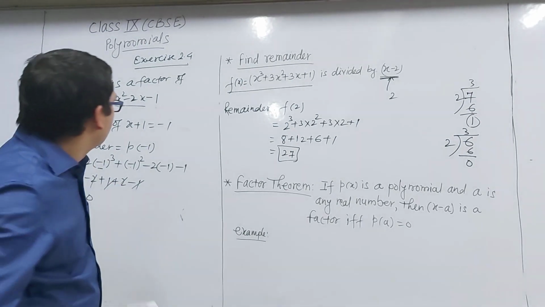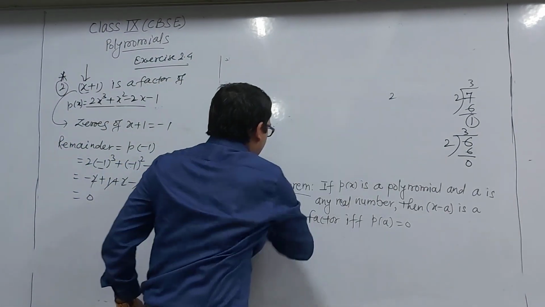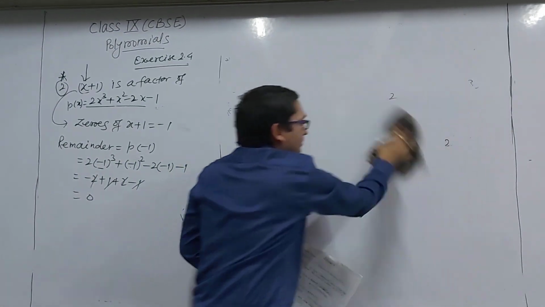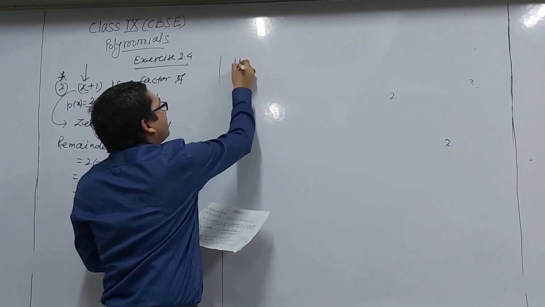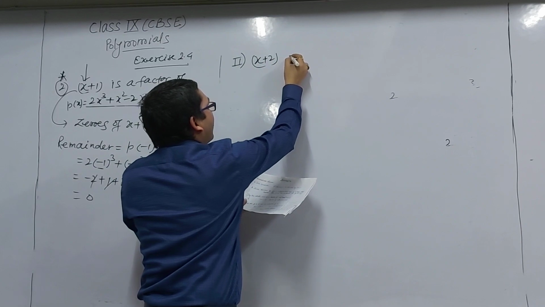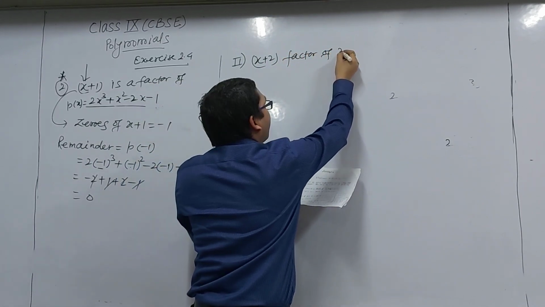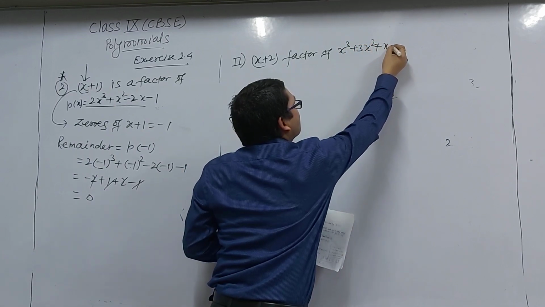One more question. Question number 2, second part. Check whether x plus 2 is a factor of x cube plus 3x square plus x plus 1.